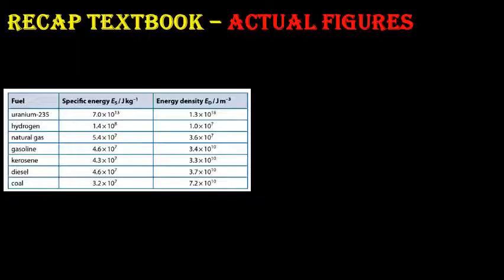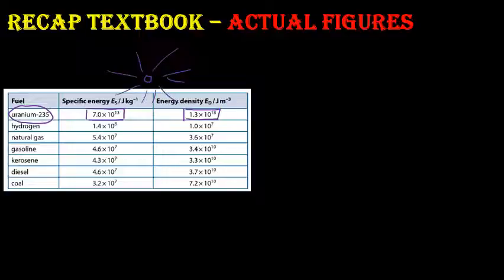Next up, I want to show you two tables from the textbook. Although these are not really relevant to your exam, I think it's very good to know. The first one is about uranium, which, of course, you know is for nuclear power. You can see that it very sensibly has a very high specific energy and also high energy density. That means a small volume or small mass of uranium can produce a lot of energy in a nuclear plant.